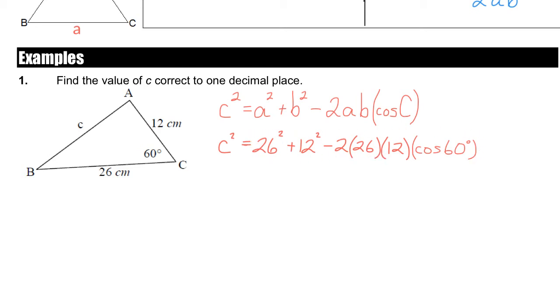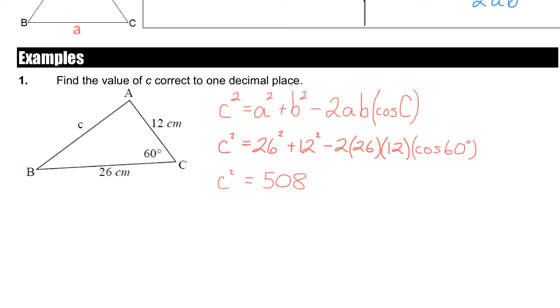If your calculator requires you to do it in more than one step, I would recommend to do each term separately. So do 26 squared first, do 12 squared separately, do 2 times 26 times 12 times cosine 60 separately, and then you do this answer plus this answer minus this answer. Any way you do it, you should get this.